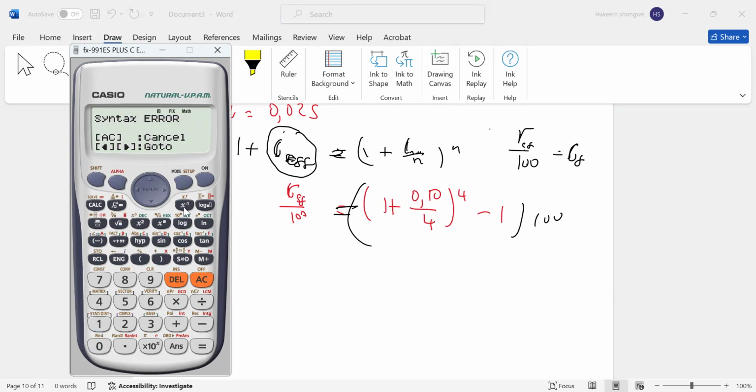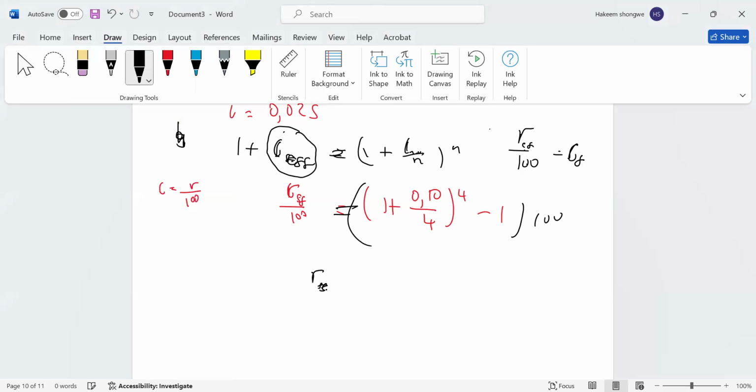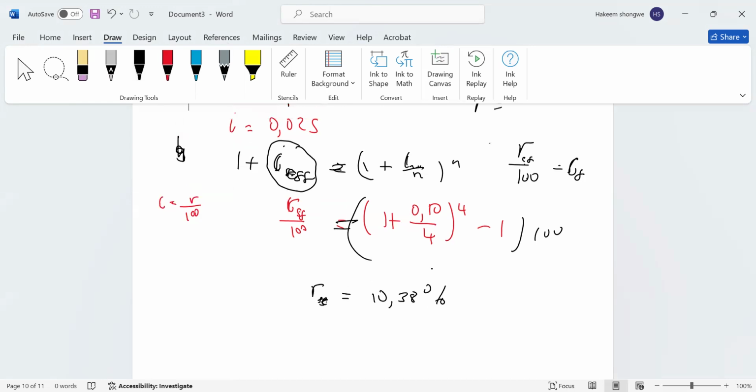And then what did I go wrong? I went wrong somewhere. Where? Oh, one bracket is missing here. Yes, 10.38. I opened one parenthesis, and even when you're programming, it has exactly the same thing. So you are R effective. But I'm repeating, even if you wrote I here, they're not going to penalize you. Yes. So it's going to be 10.38%. And it makes sense. I know the effective should be a little bit more.